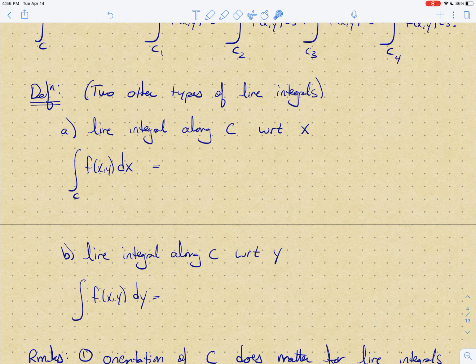They're still really important. So how do we define the line integral along C with respect to x? Well, we write it like this. Same symbols, but I don't put ds, I put dx there. When it comes to computing it, it's the integral from a to b of f of r of t times x prime of t dt. I'm assuming my C is parameterized by some r of t for t between a and b.